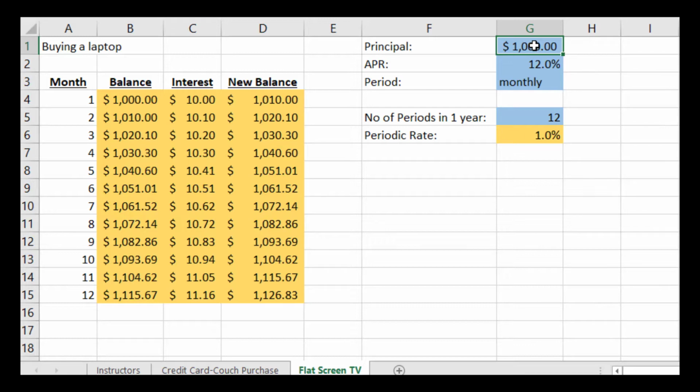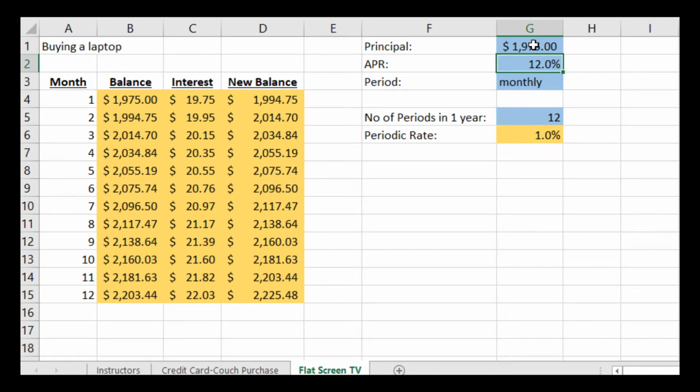Okay, so our new principal, which is the amount of money that we owe in the beginning, is $19.75. And that made all the change right over here. But our annual percentage rate is not 12%.